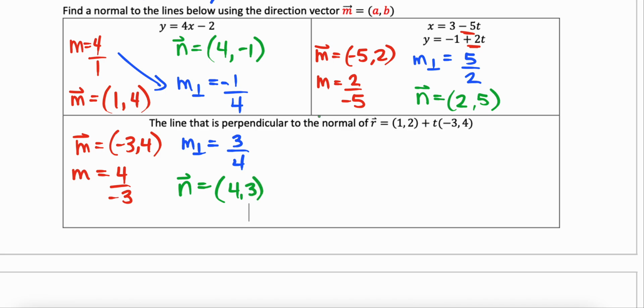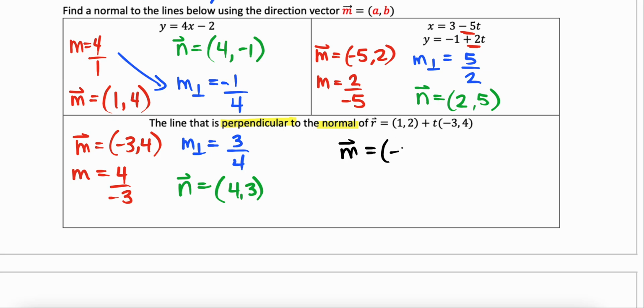Now, remember that I am looking for a line that is perpendicular to the normal of this vector, which means that I'm essentially looking for a normal vector that was the same as my original direction vector. So I could use my direction vector as that normal vector that is perpendicular to the normal vector of vector equation r.